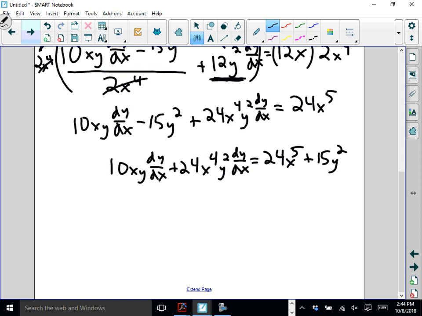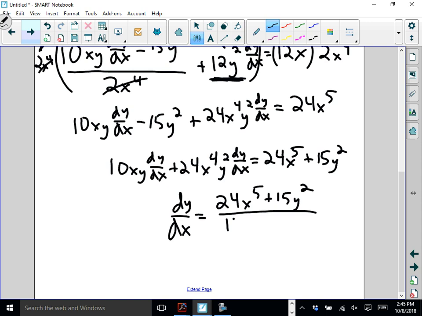Now I'm going to factor out my dy dx and divide, and I'll get dy dx equals 24x to the fifth plus 15y squared, whole thing divided by 10xy plus 24x to the fourth y squared.